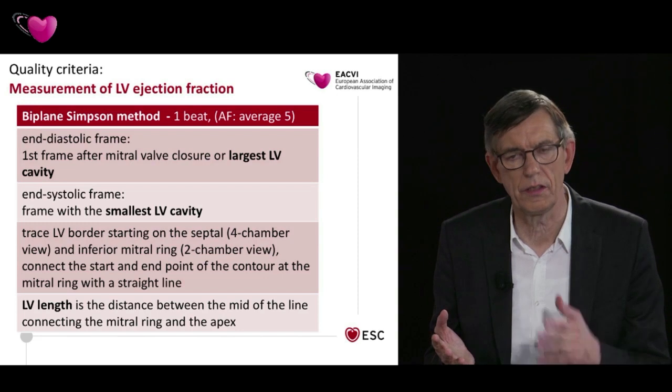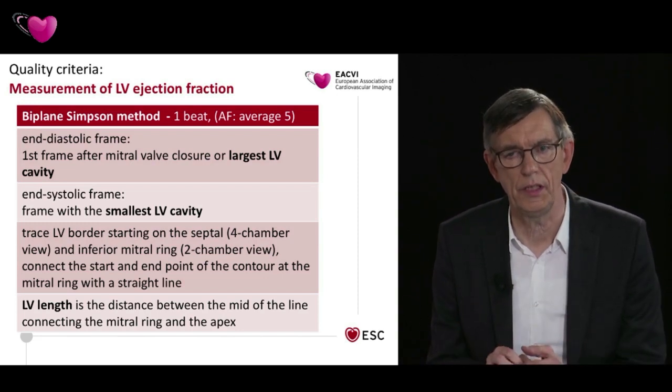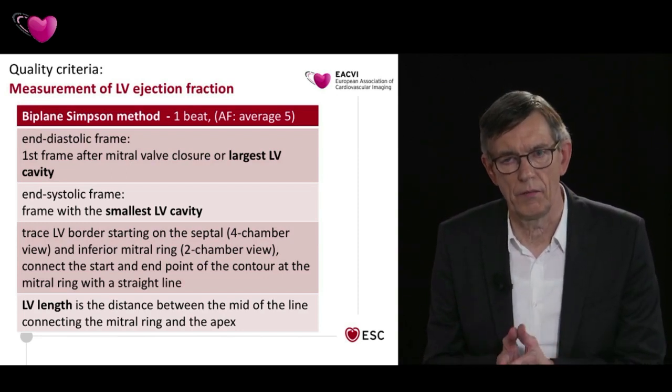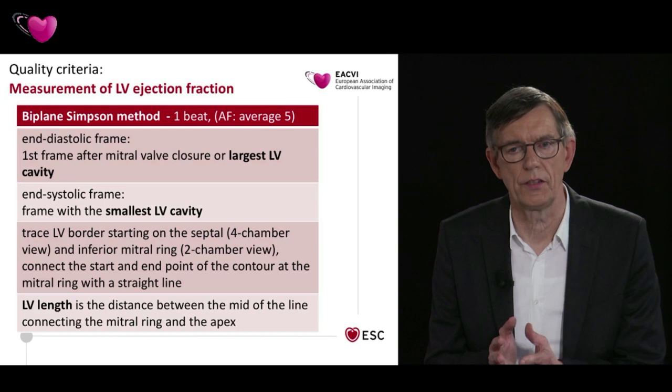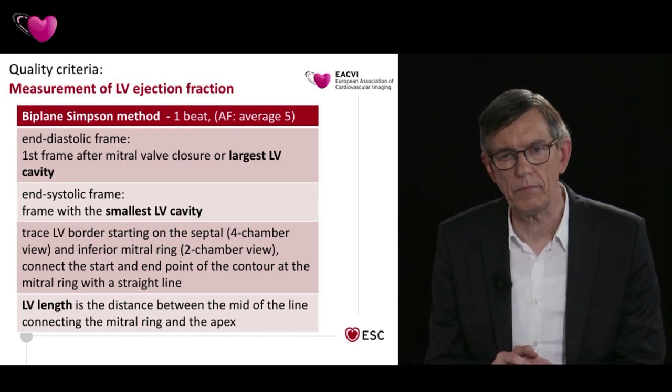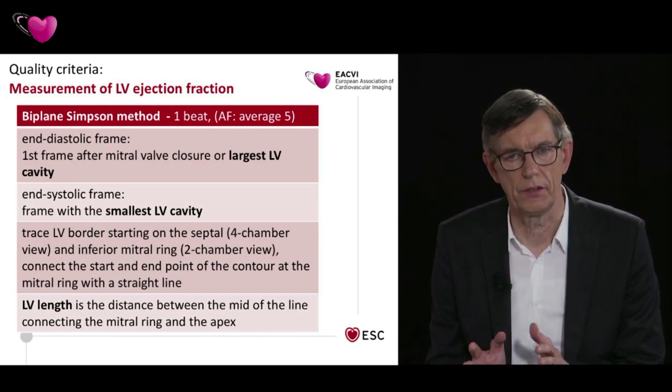We just heard this is not always possible to see. So what you do instead, you look for the largest LV cavity. The end systolic frame is always the smallest LV cavity, and that's easier to find.